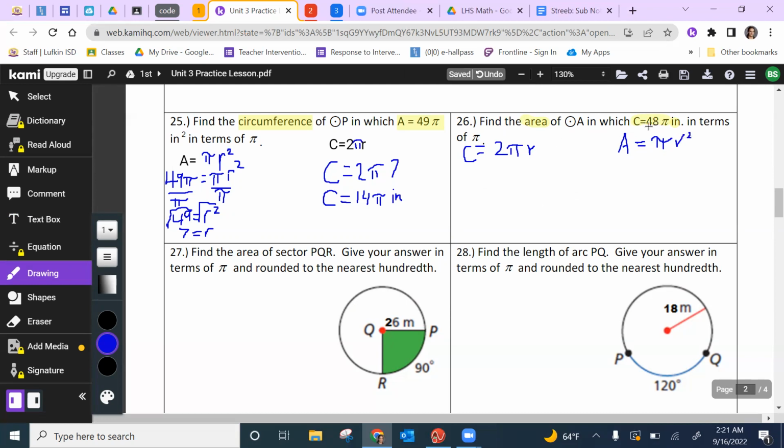So we're going to plug the circumference 48 pi in for C. We're going to divide by 2 pi on both sides.